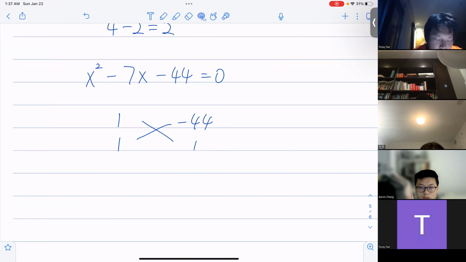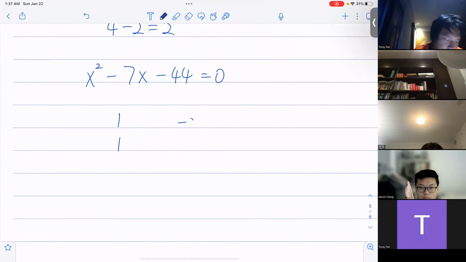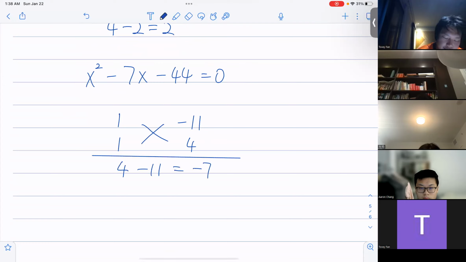Even without any calculation, you should know it doesn't work because one is negative 44, the other is only 1. It's far away from negative 7. You wouldn't even try this. To get negative 7, I think negative 11 and 4 should work. That gives you 1 times 4 is 4, 1 times 11 is minus 11, and that indeed gives you negative 7.